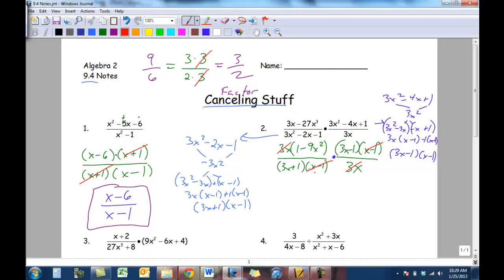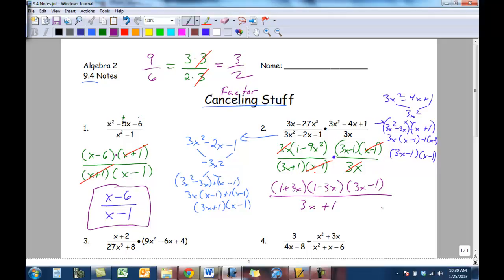What I'm left with is, now here's the thing, be careful. Look at this thing here. Can this factor again? This is a difference of squares again. This factors to 1 plus 3x times 1 minus 3x, times 3x minus 1, over 3x plus 1.